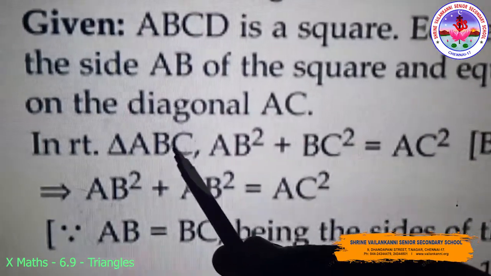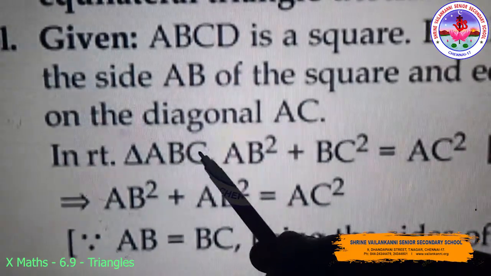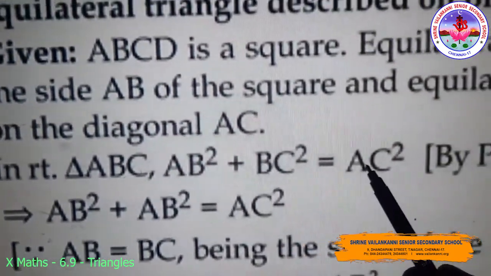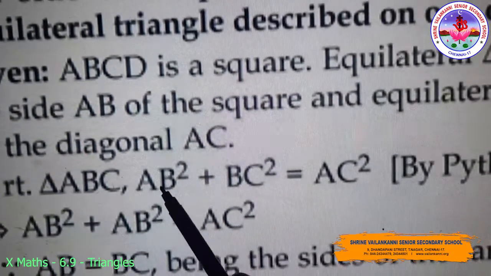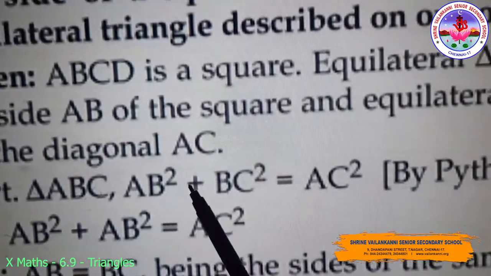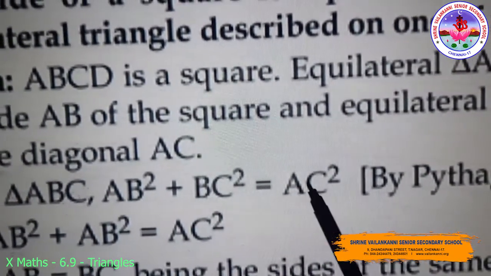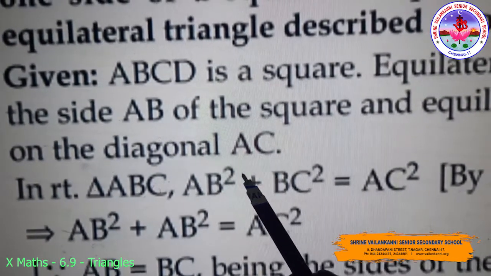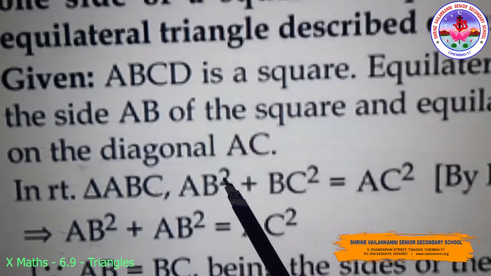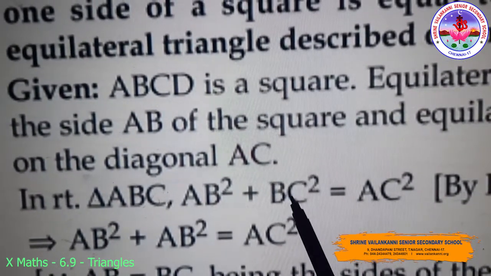In right angle triangle ABC, angle B is 90 degrees. My hypotenuse will be AC. So by Pythagoras property, hypotenuse square is equal to the sum of the other two squares. So I get AB square plus BC square is equal to AC square. Where AB, BC, CD and DA are all the sides of the square, so I can write BC equivalent to AB.